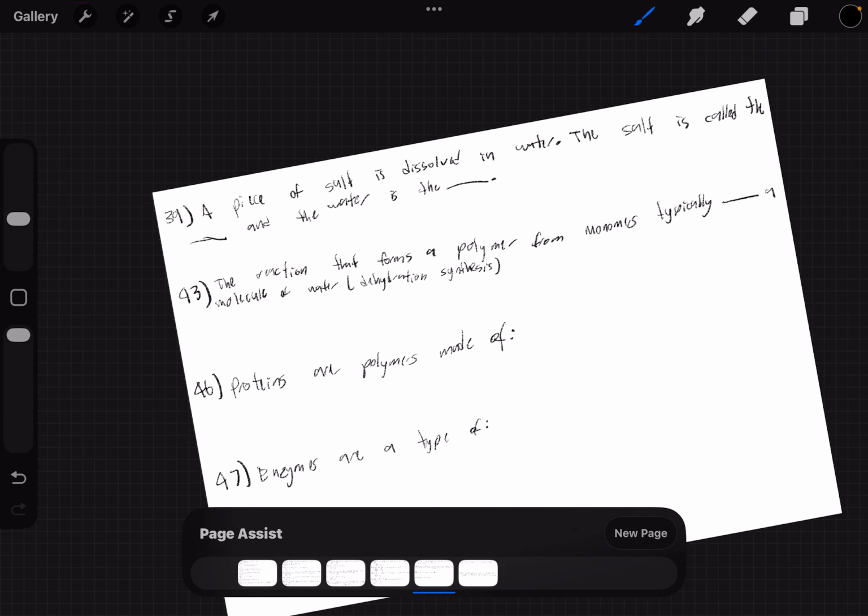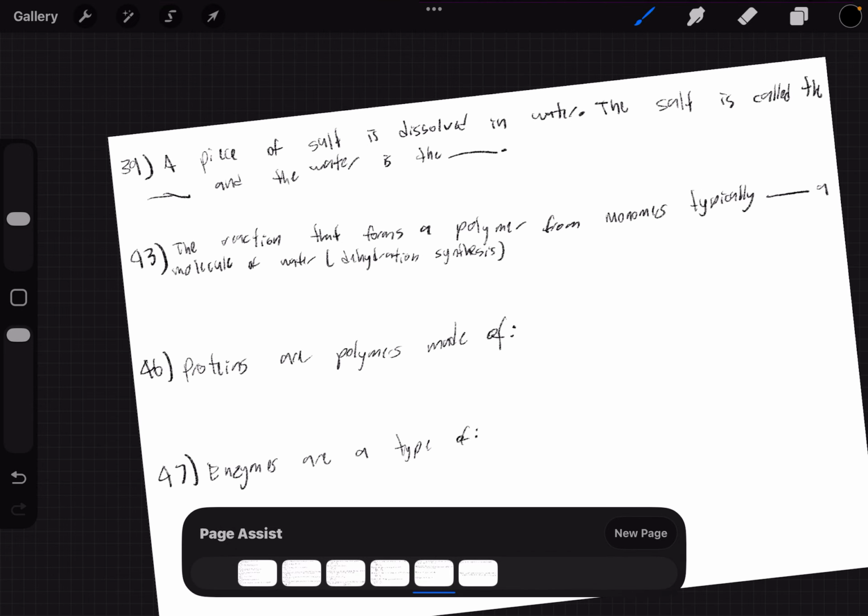Next is 39, and the question reads, a piece of salt is dissolved in water. The salt is called the blank, and the water is the blank. For this, I wrote B, which is solute and solvent.